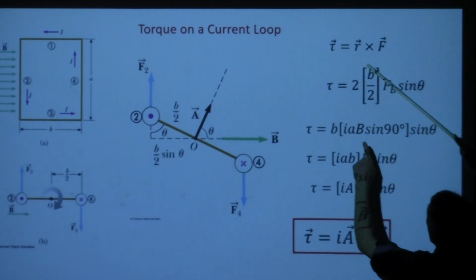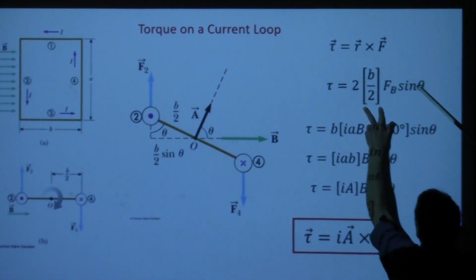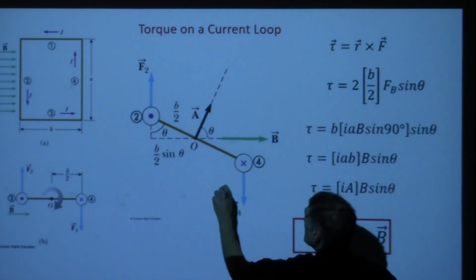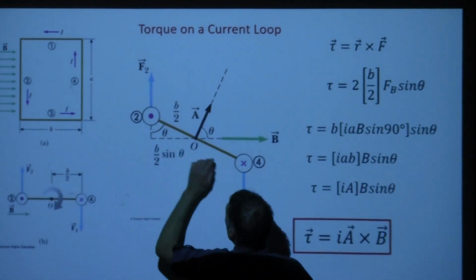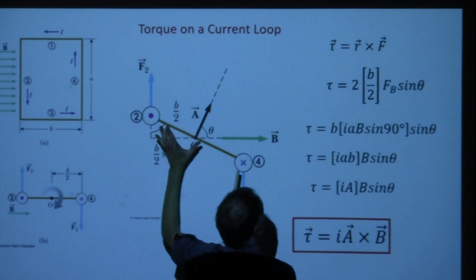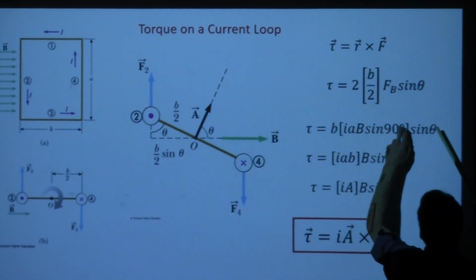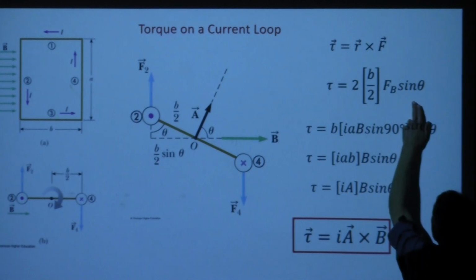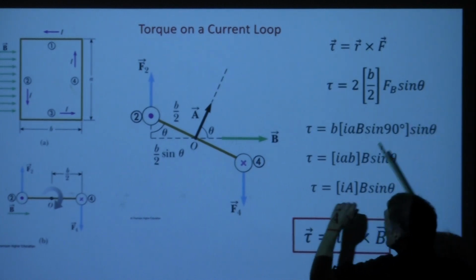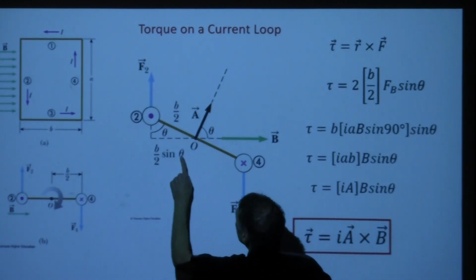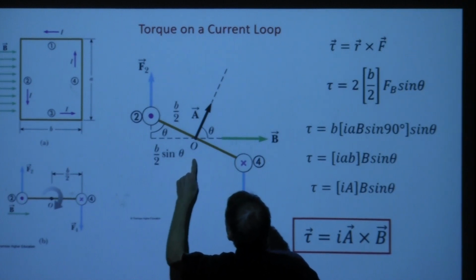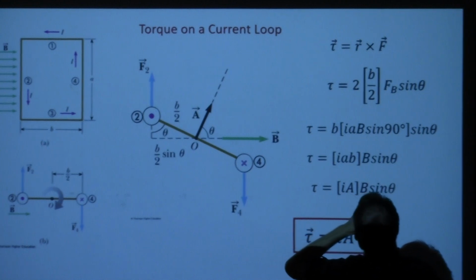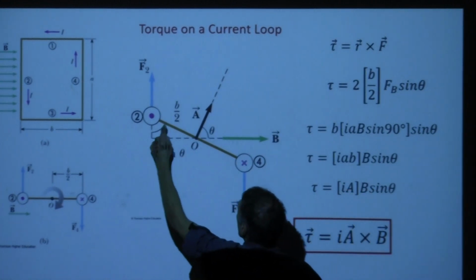This is helpful. And just for one of these, let's say this wire, the R is going to be B over 2. So this whole side was B, so this is B over 2 times the magnetic force times the sine of the angle between them. That's going to be this theta. Sine of theta.